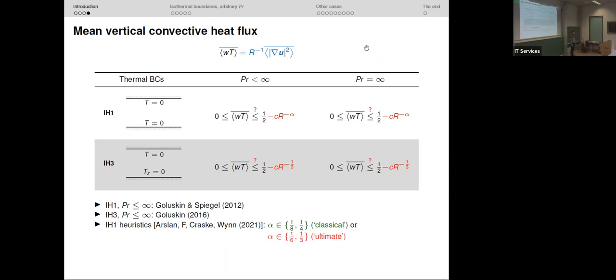Can I make a comment on the way you wrote it? If I would like to make the boundary conditions homogeneous in both cases, the right-hand side here will have the W instead of 1. The thermal boundary conditions are always homogeneous because they're always 0. No, but I'm saying in the Bénard case.